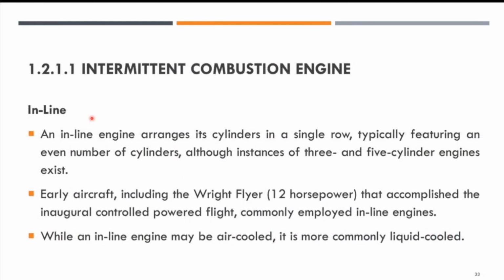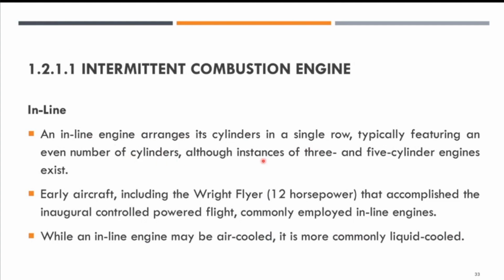The first one is the inline piston engine, where the engine arranges the cylinders in a single row, that's why it is called inline. The cylinders are arranged in a single row, typically featuring an even number of cylinders.